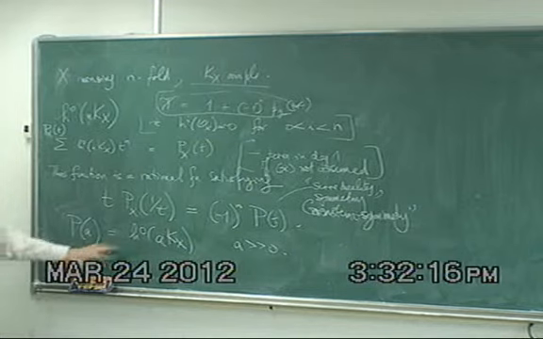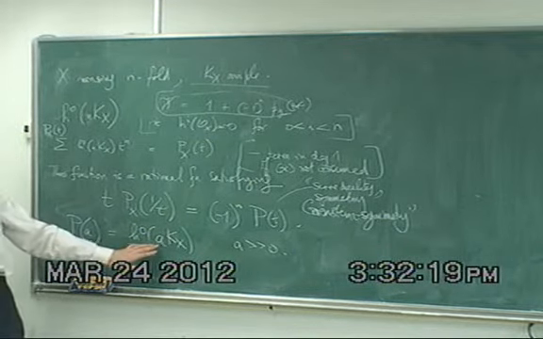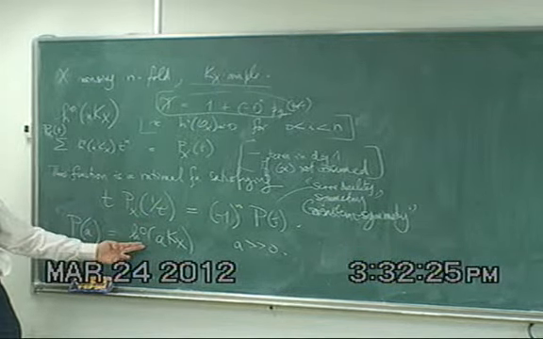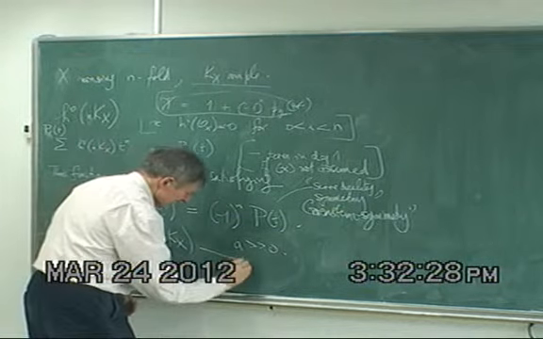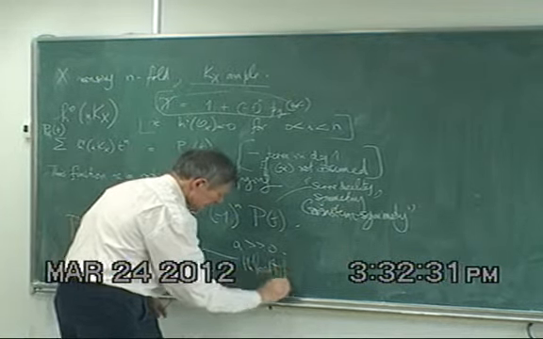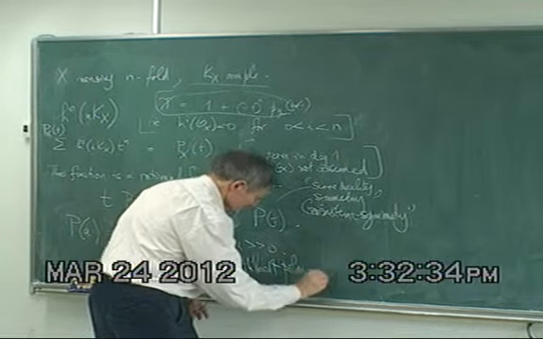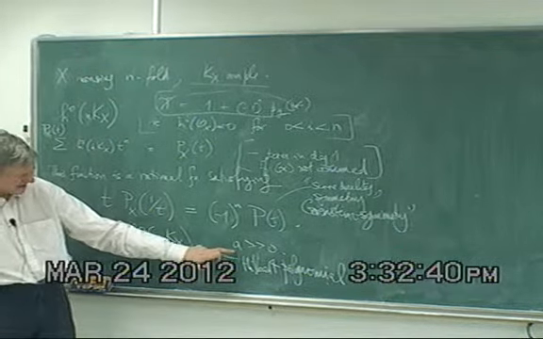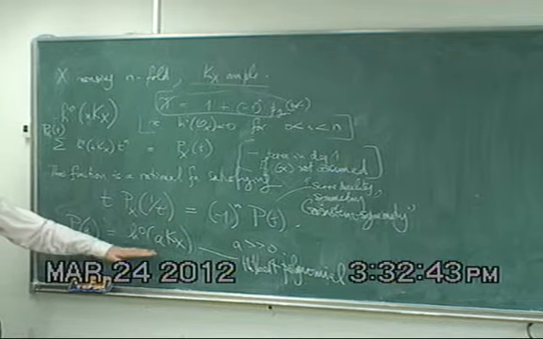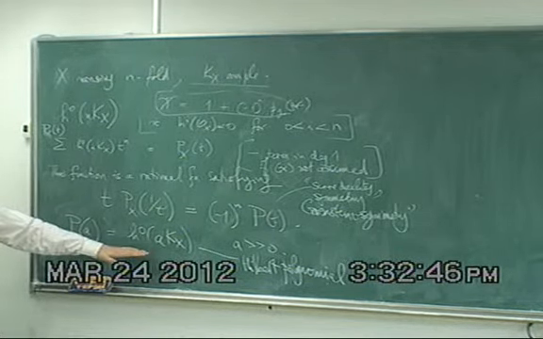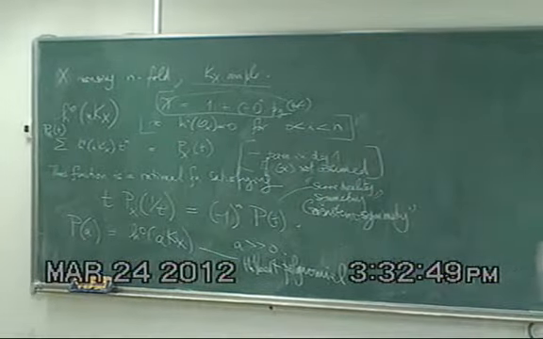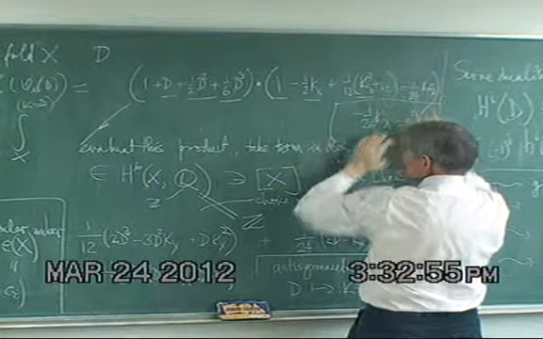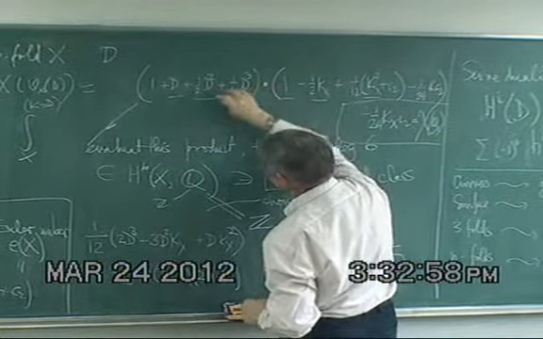Serre vanishing says that if you take A very large, then there's no cohomology except for the H naught. And this thing here is called the Hilbert polynomial. So it's not the Hilbert function, not the Hilbert series, it's a Hilbert polynomial. When A is very large, this expression is a polynomial given by Riemann-Roch. In the Riemann-Roch formula, the various constant terms are various properties of the manifold, but the expression as a whole is a polynomial in A.